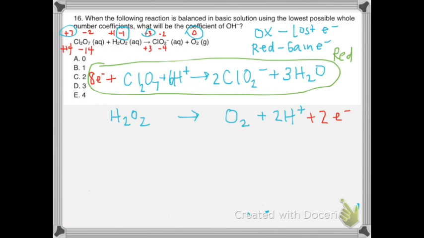So now that we have our 2 half reactions created, we can add them together to make one whole reaction. Okay. So I'm going to start by looking at the 8 electrons on the left, and then look on the other side on this reaction and see that we have 2 on the other side. So I'll cancel the 2 and end up with 6 electrons on the left here.